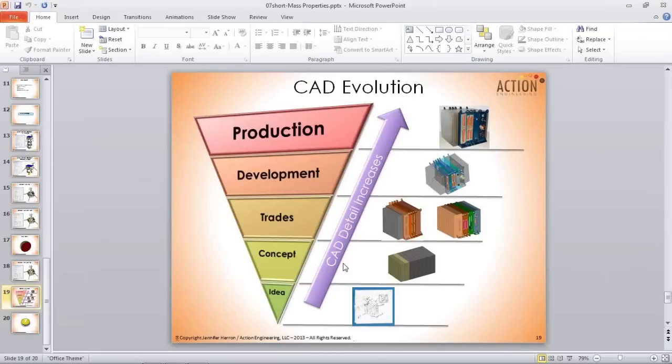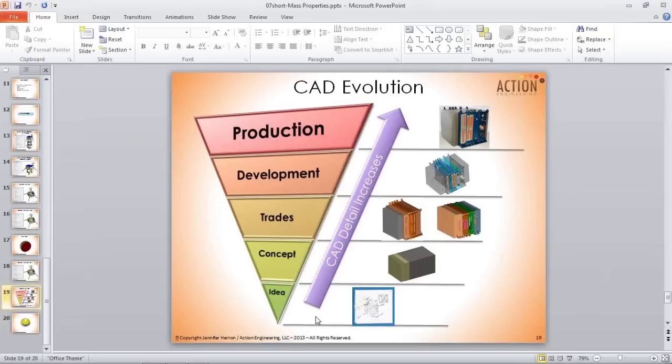And so as your CAD detail increases and as your product becomes more mature, that means all of your metadata, your annotations, even your material definition and mass definition will also evolve. And that's an important concept within the aerospace industry, is that mass evolution, and we have the management of how we do that.